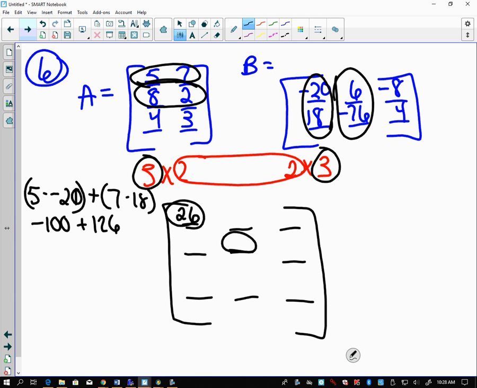So the multiplication is 8 times 6 plus, okay, we should understand how the address of the new matrix affects what I'm multiplying and adding. 8 times 6 is 48, plus negative 152, which gives me negative 104. Negative 104 is going to go right there.